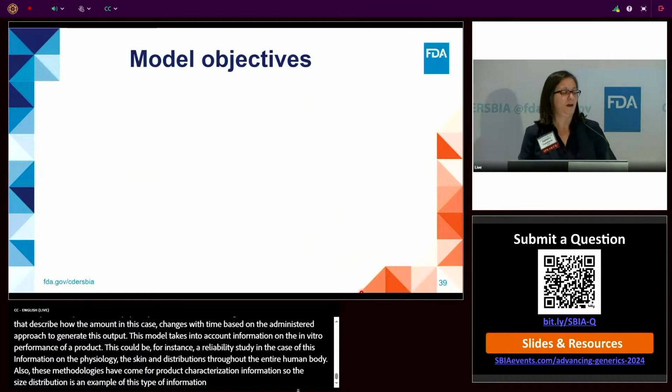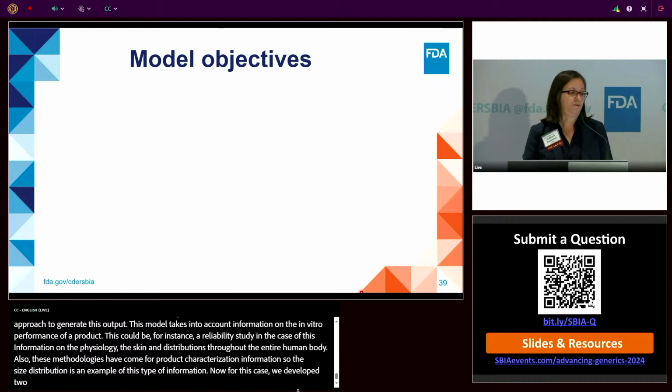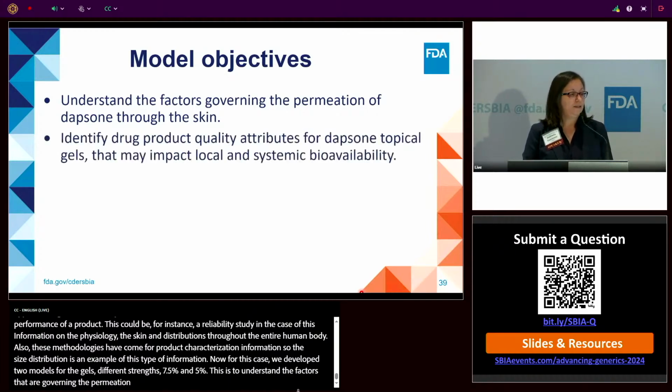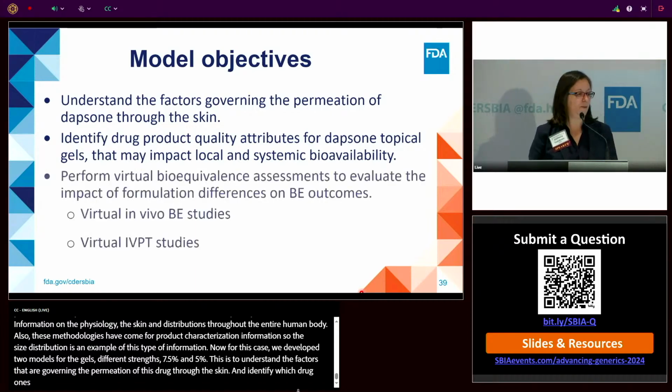Now, for this case, we developed two models for these Dapsone gels, different strengths, 7.5 and 5%. The objectives of these models were to understand the factors that are governing the permeation of dapsone through the skin, and identify which drug product quality attributes that are specific to the dapsone topical gels may impact local and systemic bioavailability.